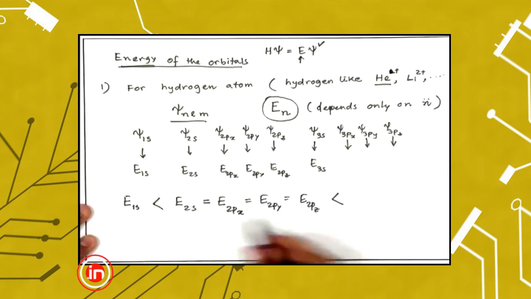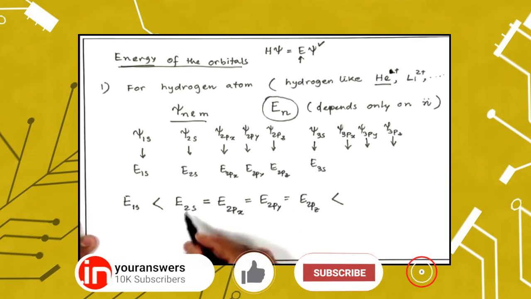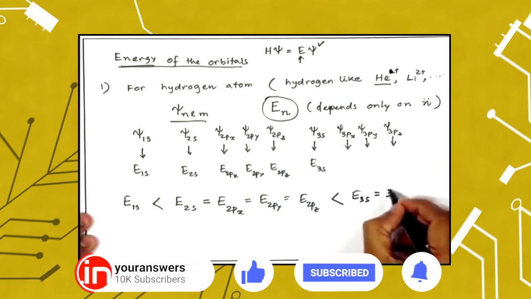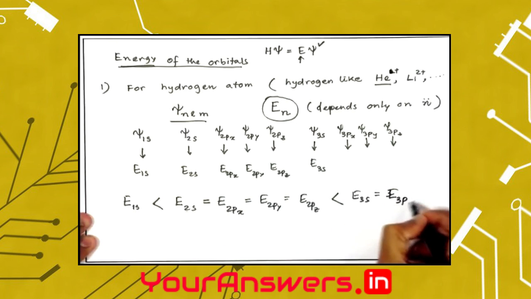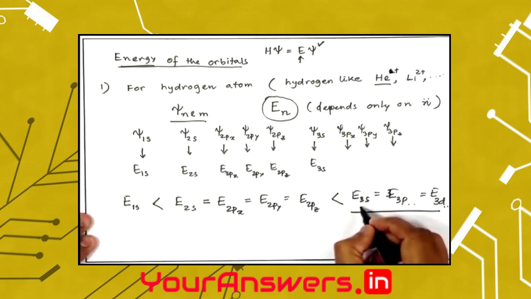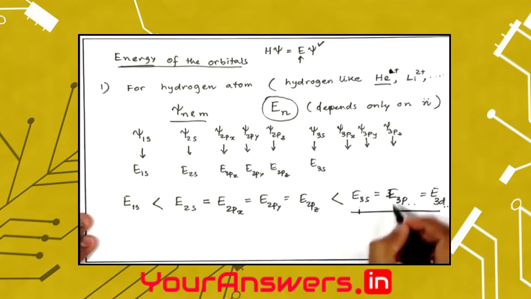All these 4 orbitals have the same principal quantum number, and similarly E3s, which is again equivalent to E3p x, y, z, and it will also be similar to E3d xy, yz, zx, x square minus y square or z square. So, here you can see 1 orbital from 3s, 3 orbitals from 3p, 5 orbitals from 3d. So, a total of 9 orbitals have the same energy.